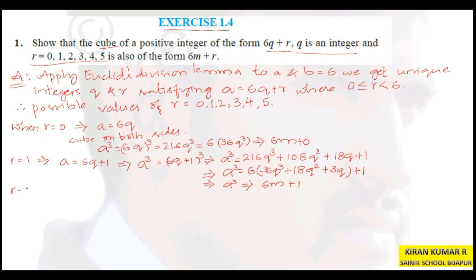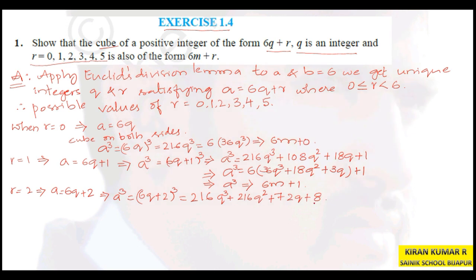If you consider r value as 2, then a will be 6q plus 2. If you cube on both the sides, we get a cube as 6q plus 2 whole cube. On expanding, it becomes 216 q cube plus 216 q square plus 72q plus 8.